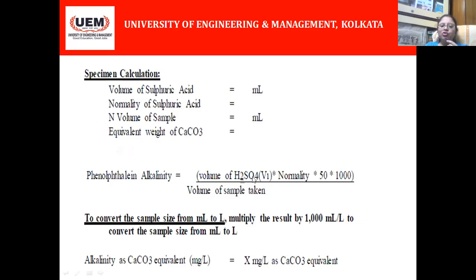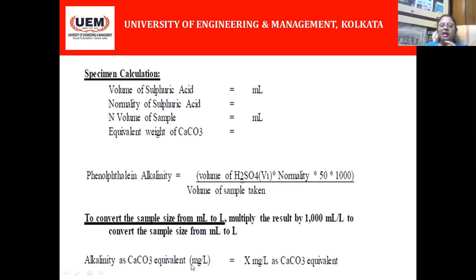Phenolphthalein alkalinity is the volume of sulfuric acid, denoted by V1, times the normality of sulfuric acid, times 50, which is the equivalent weight of calcium carbonate, because you are expressing the alkalinity as the equivalence of calcium carbonate. As you are converting mg to liter, you wanted to know the alkalinity in 1 liter of water, so you are multiplying by 1000, and you are dividing the whole by the volume of sample taken.